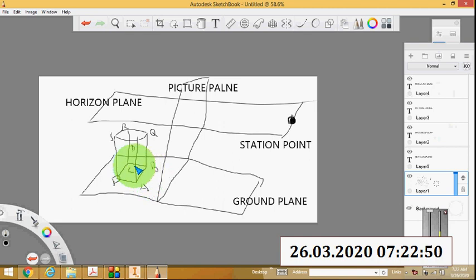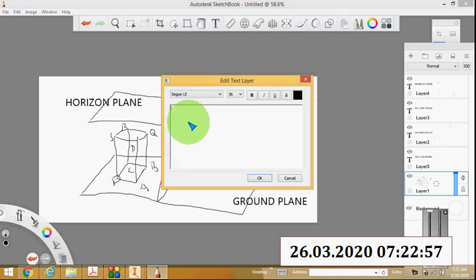So this is the base. A, B, C, D is the base.